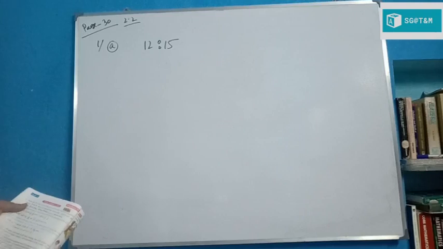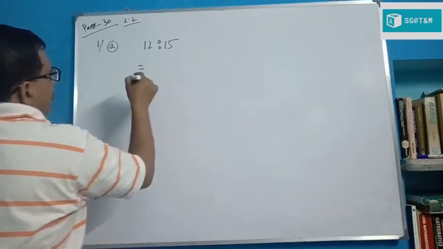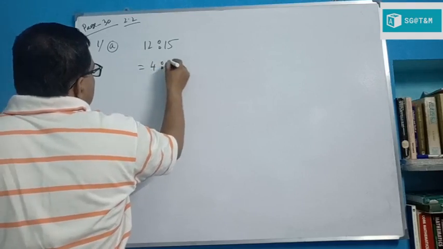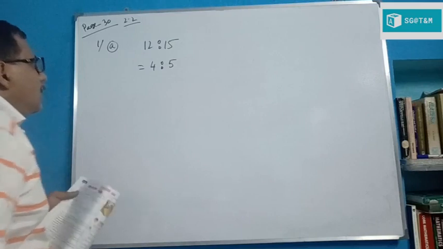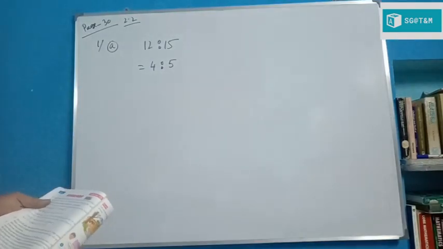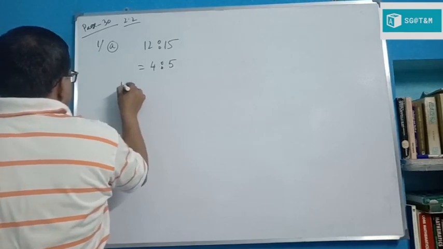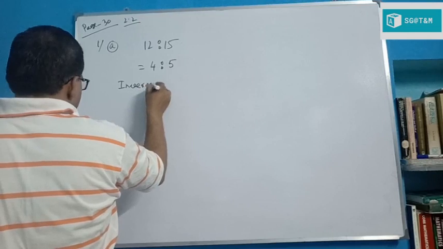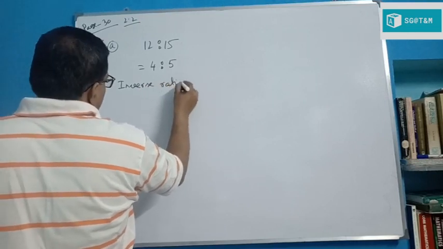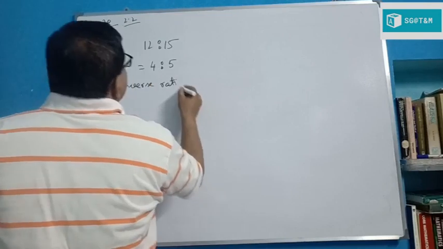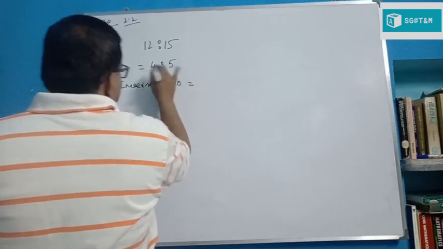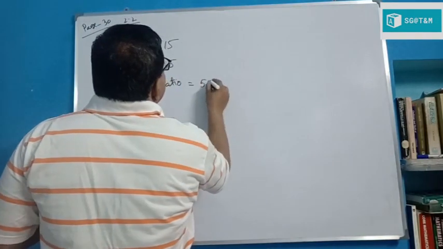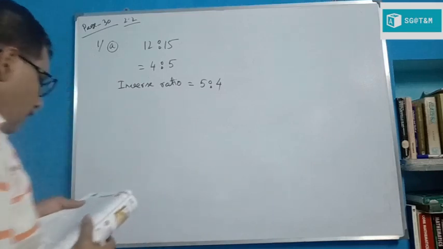If we reduce to the lowest term, dividing by 3, it will be 4 is to 5. The lowest term is 4 is to 5, and for the inverse ratio, just interchange antecedent and consequent: 5 is to 4.